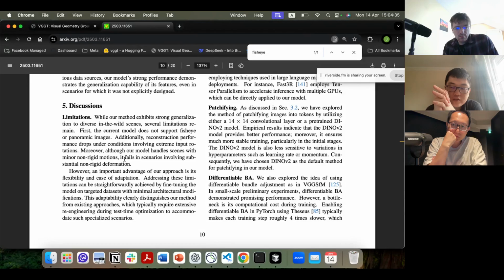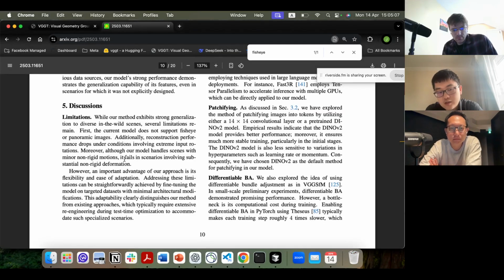But in our case, we only train our model with pinhole cameras. This is because the annotation for pinhole cameras is cheapest, and we can collect a lot of data for training. But in theory, I think it also makes sense to provide good predictions for fisheye cameras. The only thing we need here is sufficient training data.